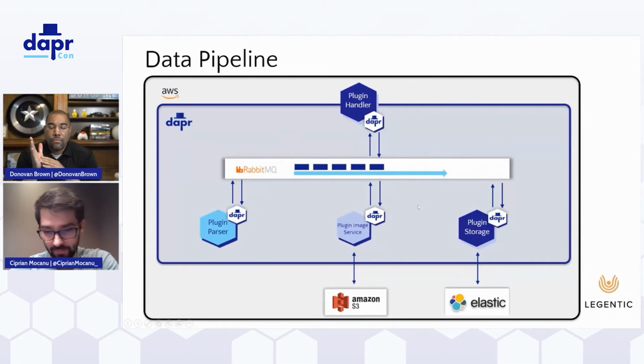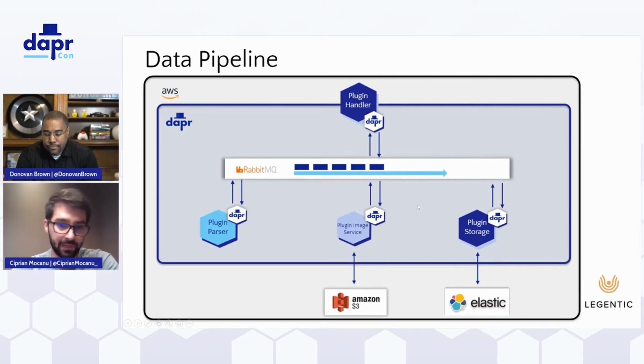Yeah, so here's a generic overview of the architecture we have. We host pretty much everything in AWS, and you can see here the black outline is where the AWS environment is, and within it we have the Dapr environment.